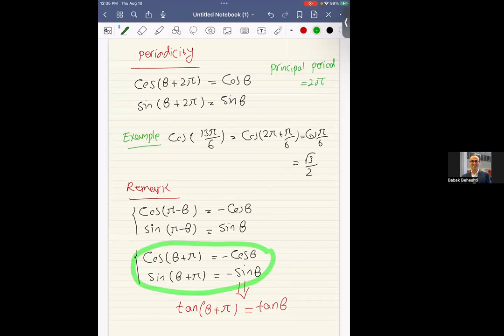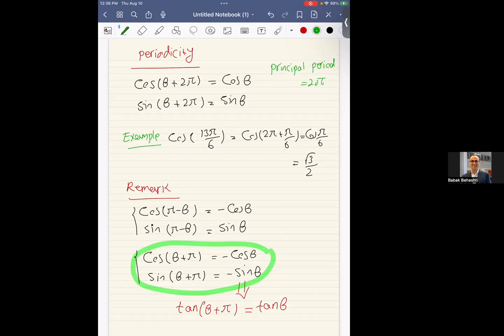But obviously sine of theta plus 6 pi is also sine of theta, or sine of theta plus 100 pi, or sine of theta plus 20 pi.